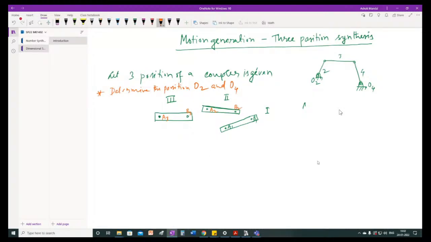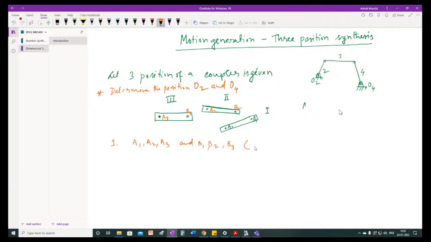In this case, you see three positions are given. So we know the positions of A1, A2, and A3, and B1, B2, B3. Since these three positions of the coupler are known to you, these points are known to us.